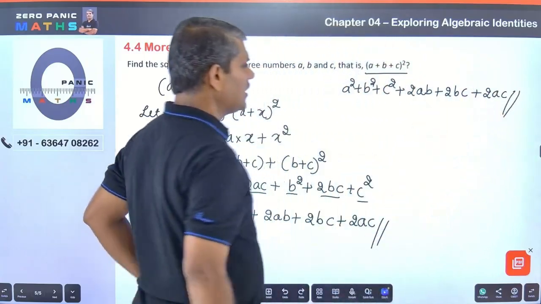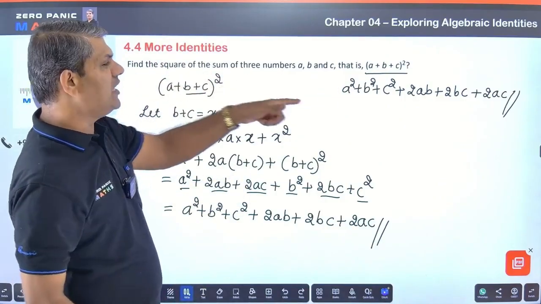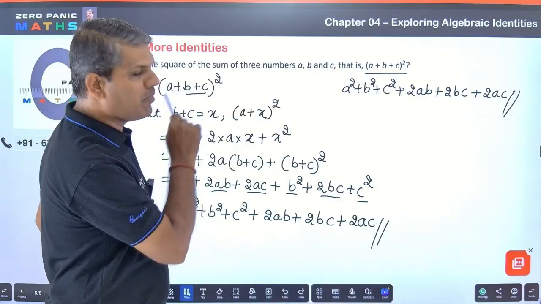This is the result we got here. So this is one more identity, along with (a plus b) whole square and (a minus b) whole square. You need to remember this also.